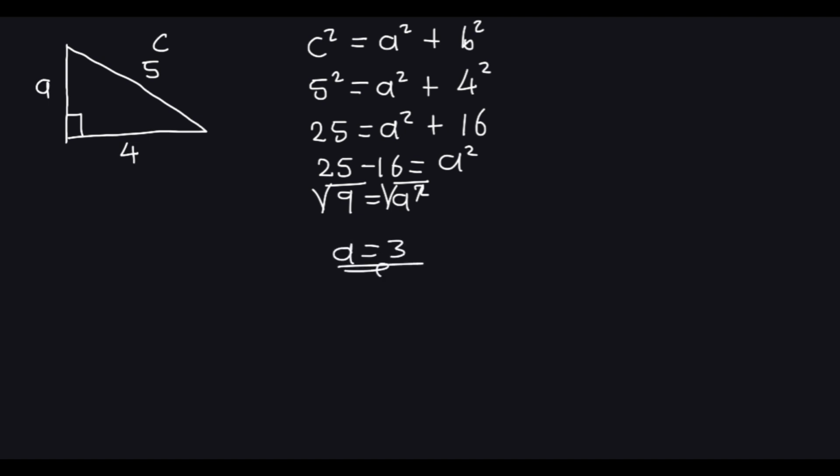So we can say that if we are looking for one of the two adjacents, the pattern is the difference between the square of the hypotenuse and the square of the other adjacent given. Now let's see if we can find another way we can find this A squared.